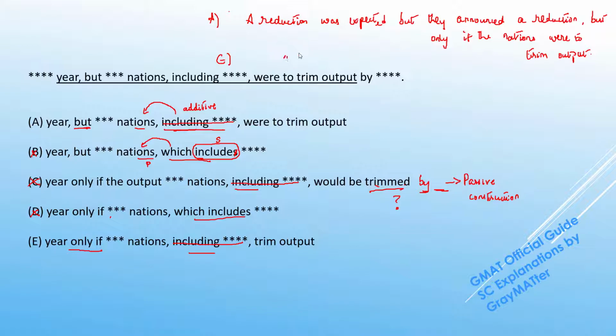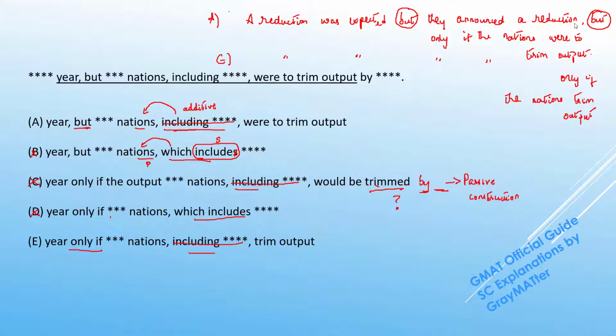Now in E, obviously we have the same thing until we get to the underlined portion, in which we don't have the "but," and it directly says they announced a reduction only if the nations trim output. So we have a "but" here and another "but" here.